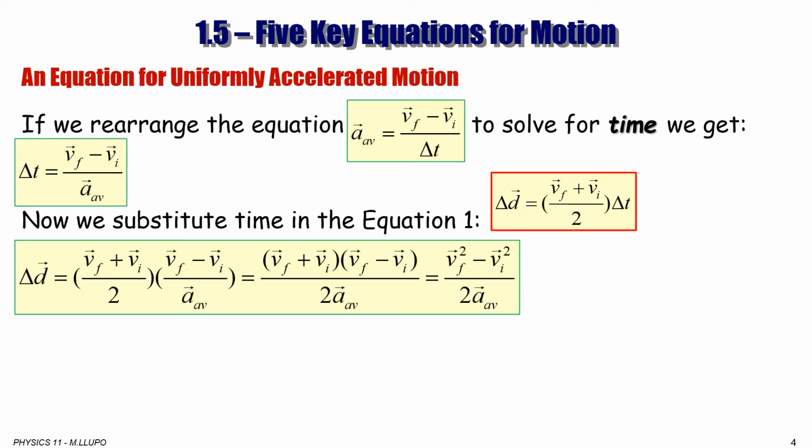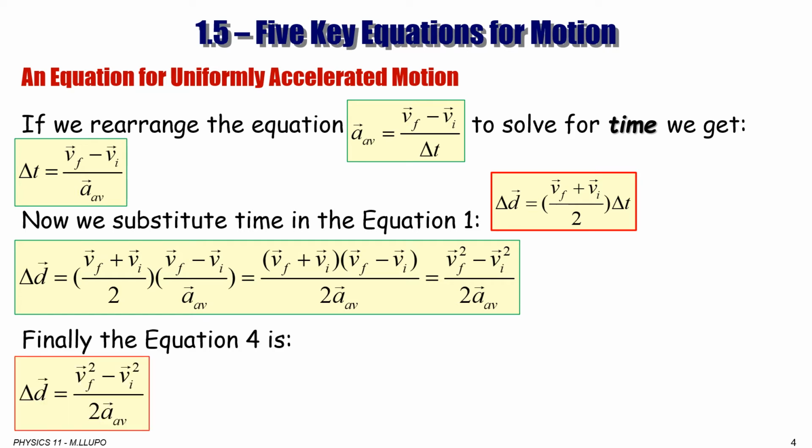So now we have V final plus V initial times V final minus V initial. That means A plus B times A minus B, which is equal to A squared minus B squared. So this is V final squared minus V initial squared over 2 A average. That is equation number 4.